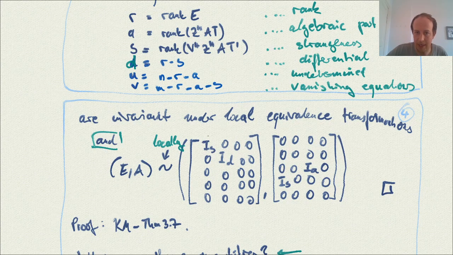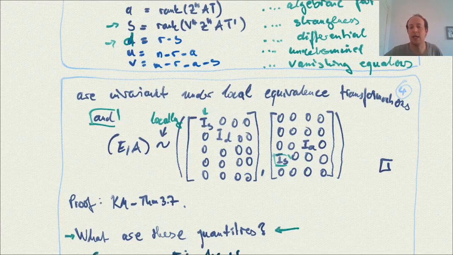Here we have this I_S, which is this S here, for example, and the I_D, which is this D here. So the E matrix will look like this with this block here, I_S and I_D. And the A matrix will also be reduced a lot. And here we see this I_S again, so here and here. And here's this I_A, and this is this algebraic part.